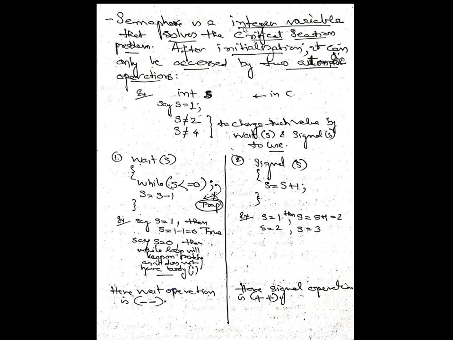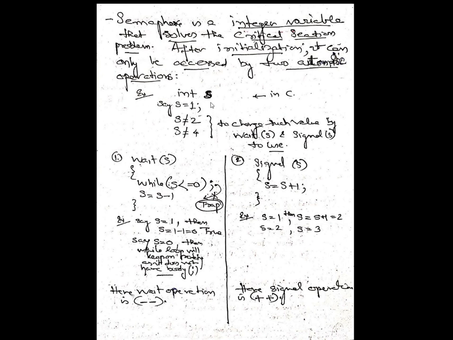Now, as I stated about the initialization of this integer, take an example, int s. Say s is equal to 1, or s is equal to 2, or s is equal to 4. To change such a value, wait and signal are used.